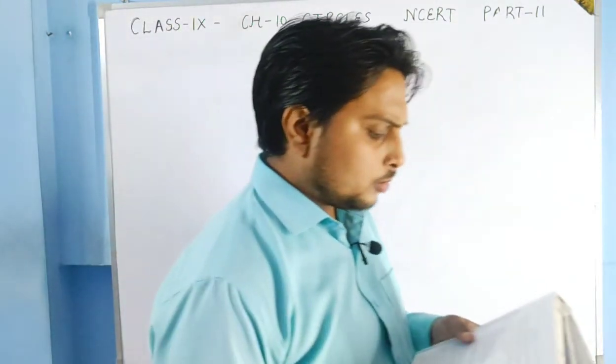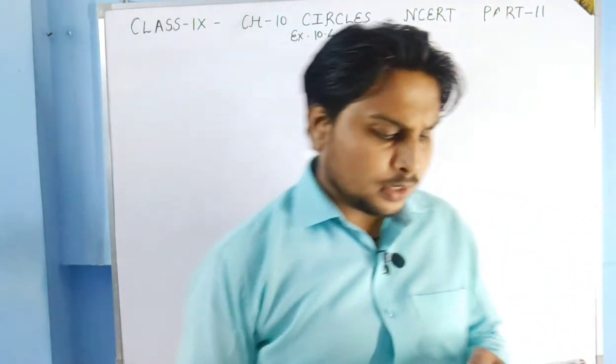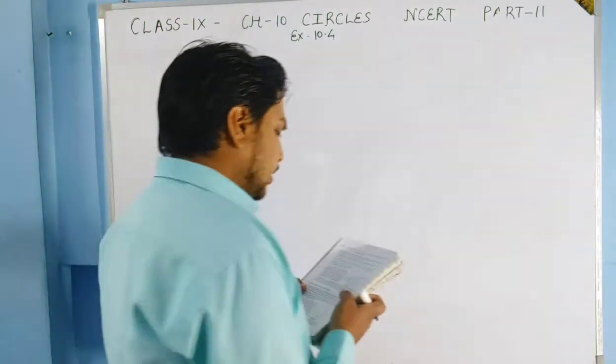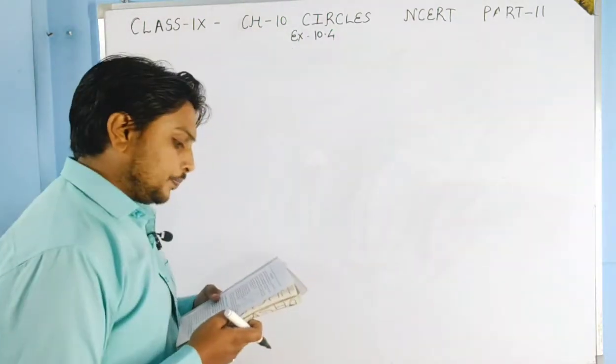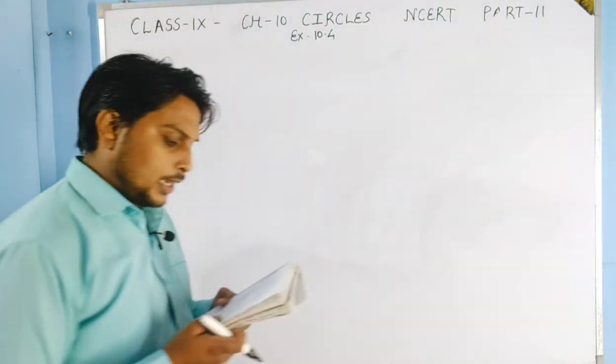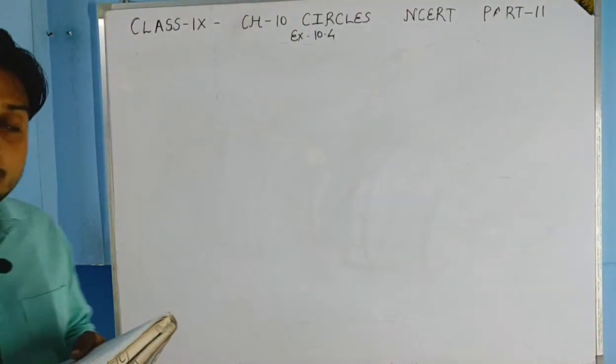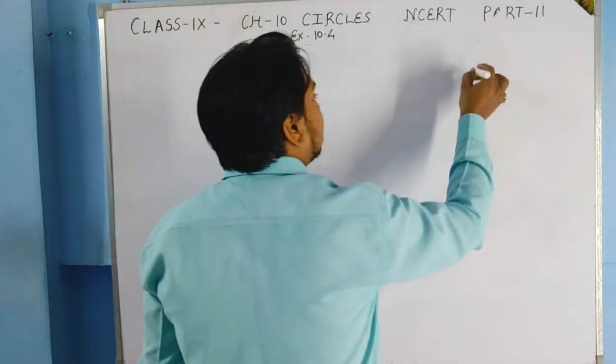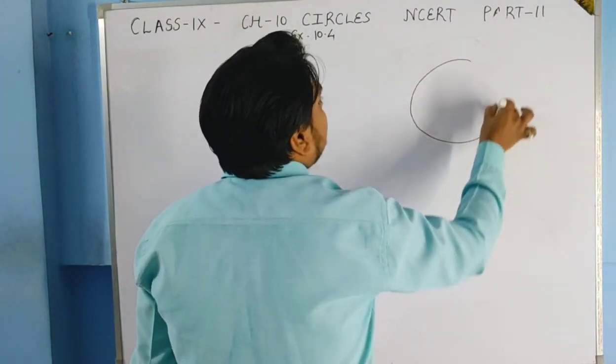Coming to question number 4, students, the question is: if a line intersects two concentric circles, circles with the same center O, at A, B, C and D, prove that AB is equal to CD. Students, the figure is given. Two concentric circles are there.